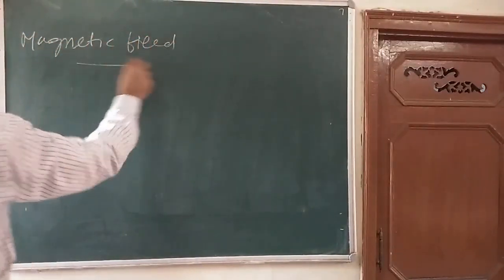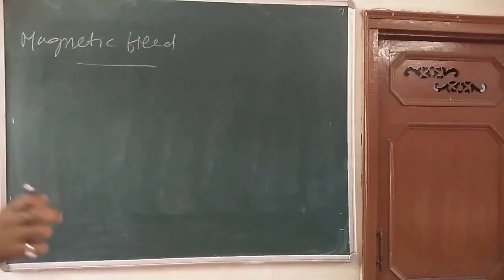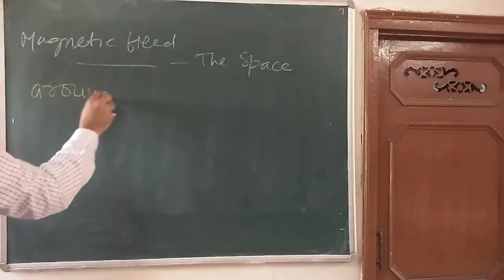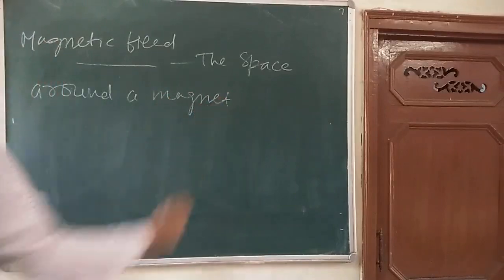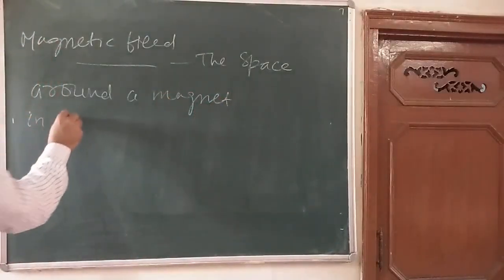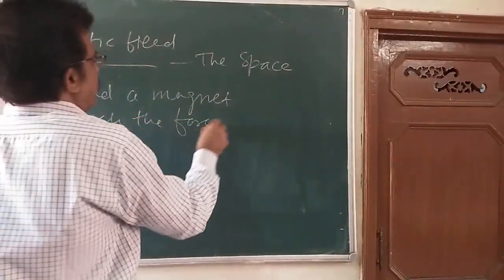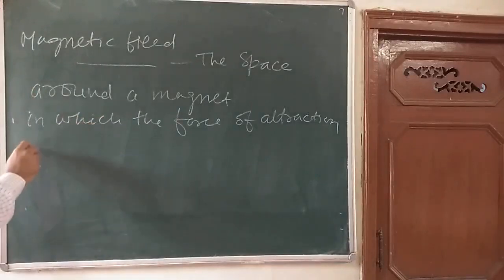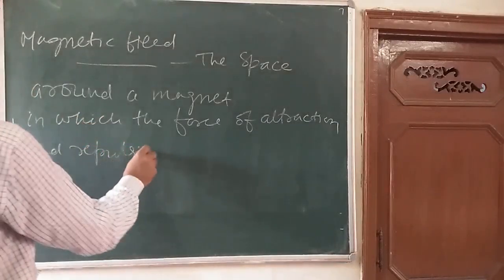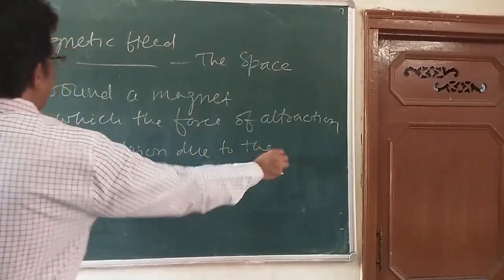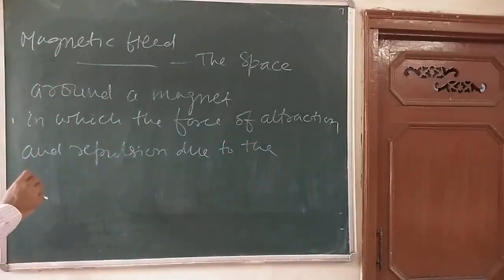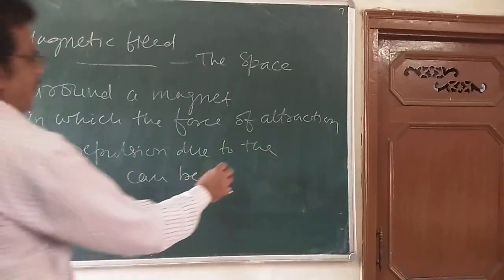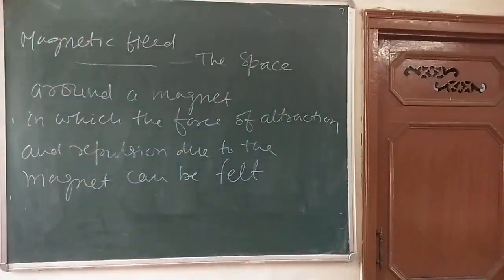Magnetic field. First listen, the space around a magnet in which the force of attraction and repulsion due to the magnet can be detected or can be felt is called magnetic field.